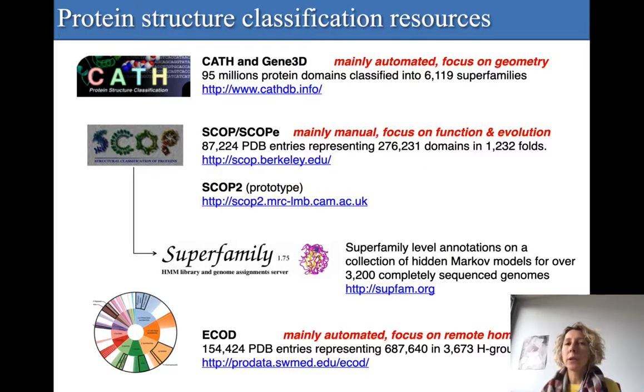The resources that are available for this are mainly CATH and SCOPE. CATH is mainly automated and SCOPE is mainly manual. There was a lot of effort, maybe 20 or 30 years ago, to construct these databases, and many people were annotating manually, especially for SCOPE.